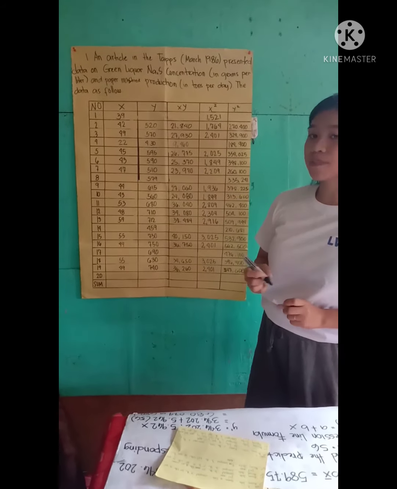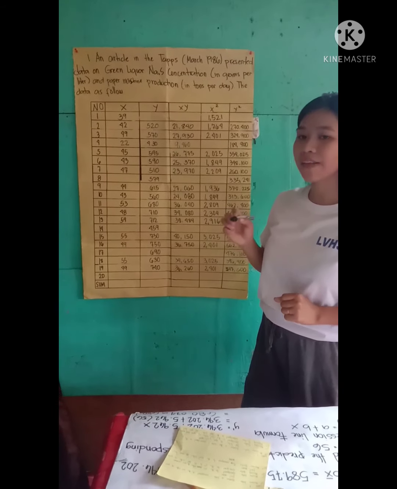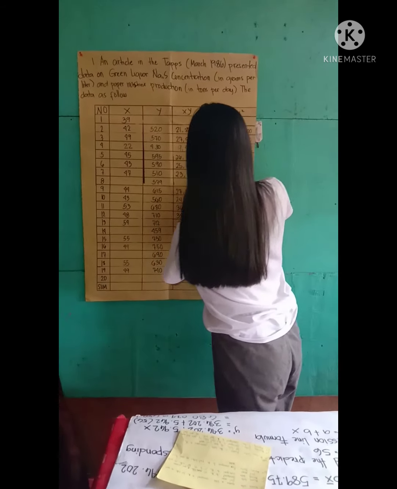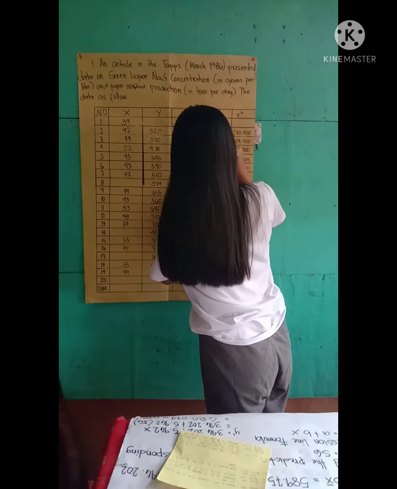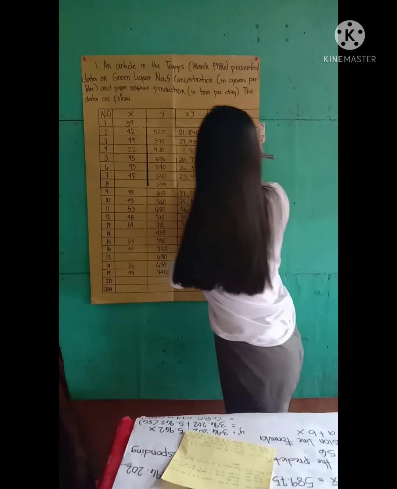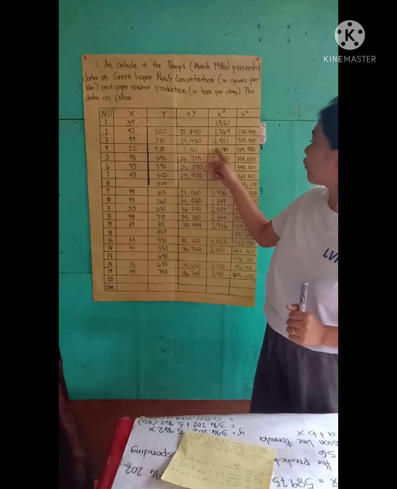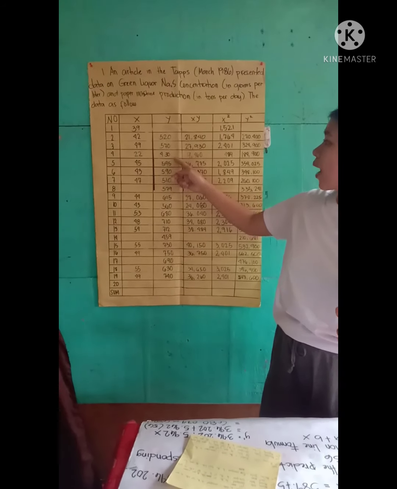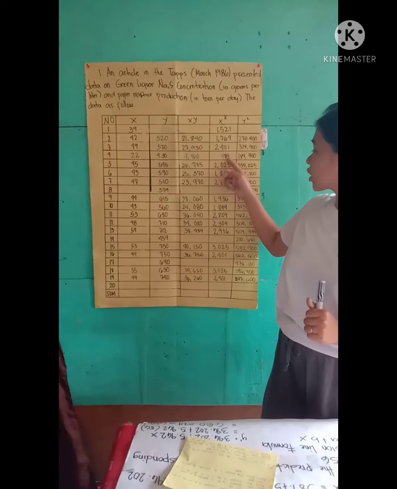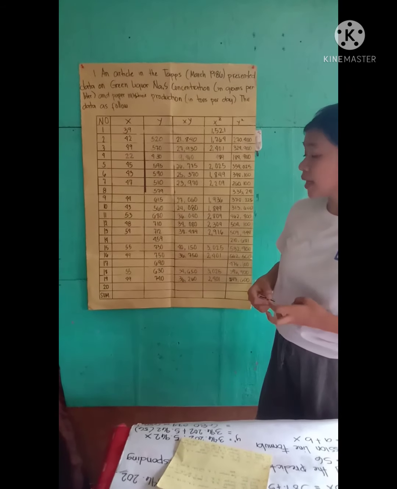So 22 times 22 is equal to 484. So we have filled number 4 for the X, Y, XY, X squared, and Y squared columns.